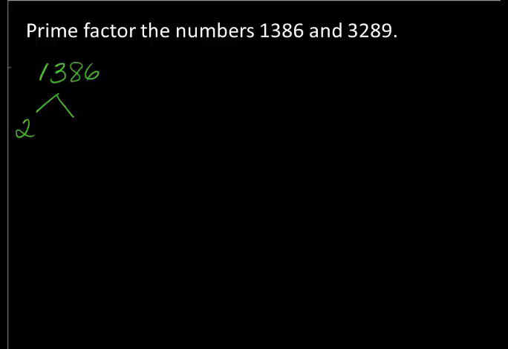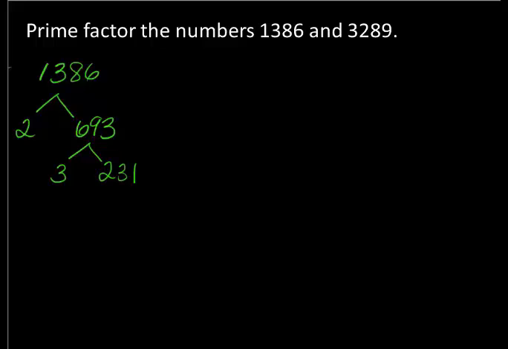Clearly the number is even, so if you divide it by 2, we get 2 times 693. Now, the sum of the digits here is divisible by 3, so we know 3 is going to divide this. And if you divide 3 into 693, you get 231.